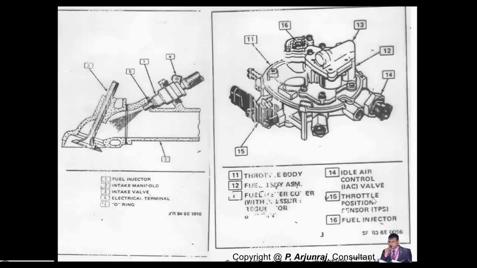Accordingly, you supply the air through the throttle valve. So the throttle valve opening percentage is lower when the vehicle is running at low idle RPM or in city traffic. When the vehicle is running on a highway or expressway, the percentage of throttle valve opening is going to be higher.